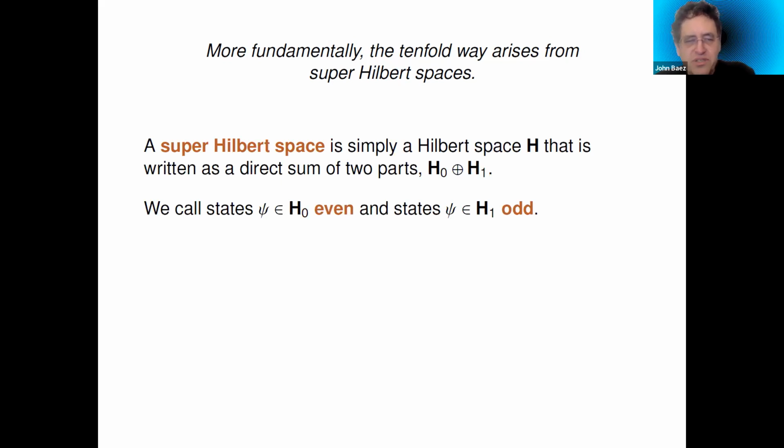Okay, so here's the more mathematical outlook on the tenfold way. We're going to work with super Hilbert spaces now, which are just Hilbert spaces that are Z2 graded, and study the stuff that I talked about for the threefold way, now in the super Hilbert space context.